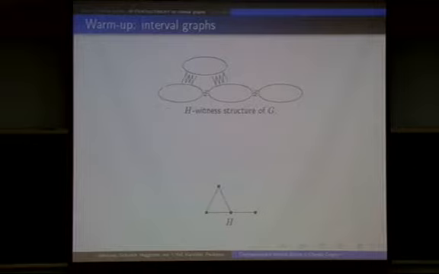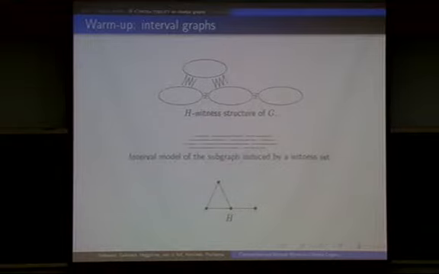We are going to assume we are given H and G, and you assume G can be contracted to H. Then the question is, what will any H-witness structure of G look like? In particular, what will a witness set of this witness structure look like?